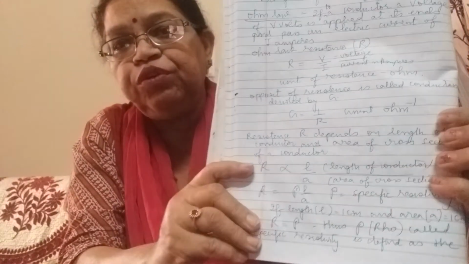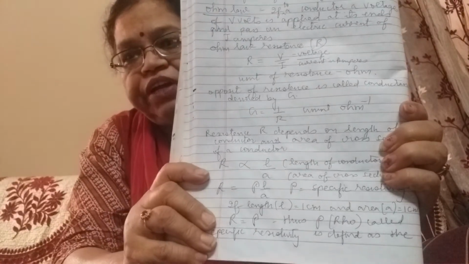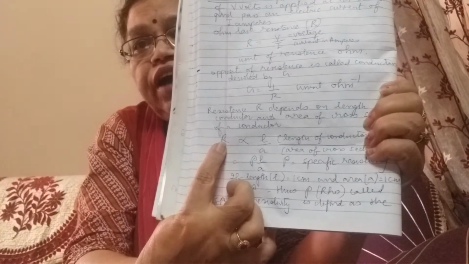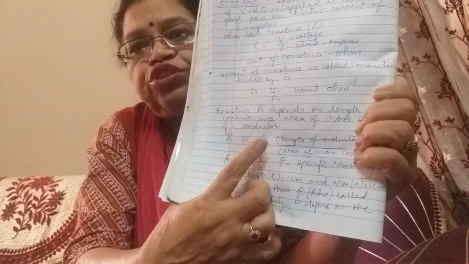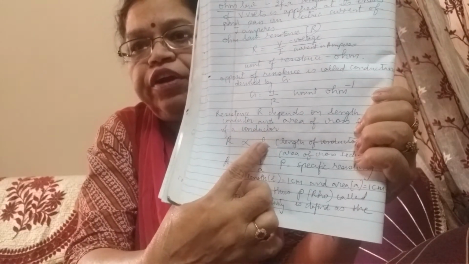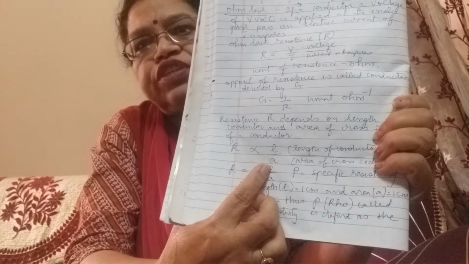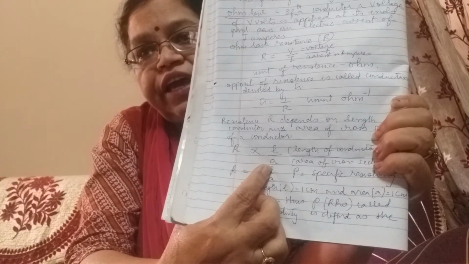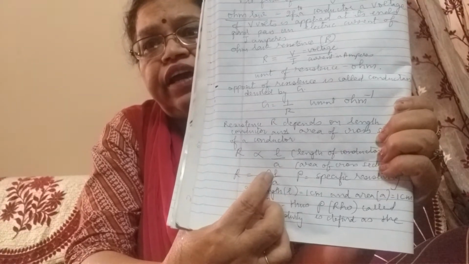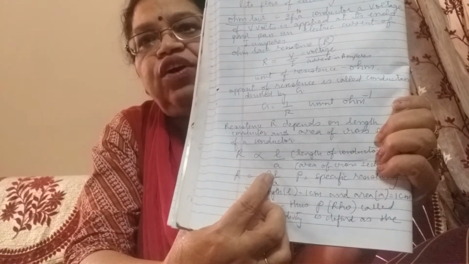Now further, if you pay attention to what I am teaching, it is found that the resistance R is directly proportional to the length of the conductor denoted by L, and inversely proportional to the area of cross section denoted by A. Here L by A is called cell constant.